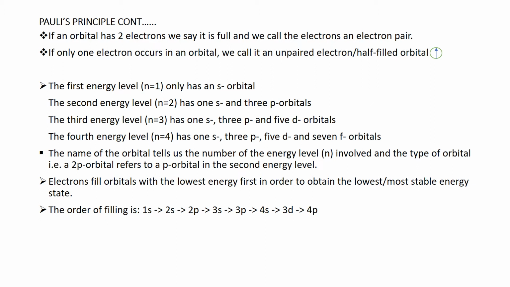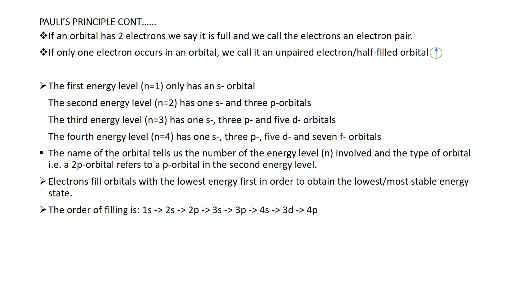The first energy level only has one s orbital, so it doesn't have any p orbital. The second energy level has 1s and 3p orbitals. The third energy level has 1s, 3p, and 5d orbitals. The fourth energy level has 1s, 3p, 5d, and 7f orbitals.